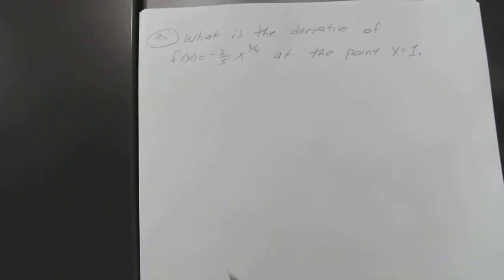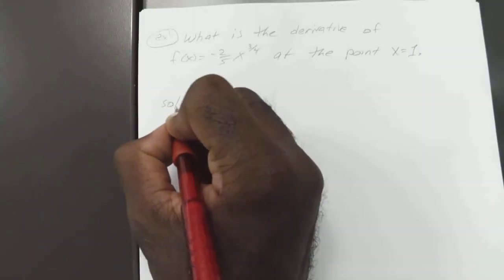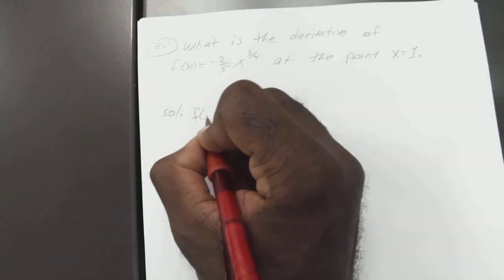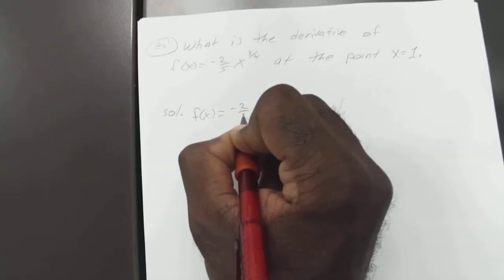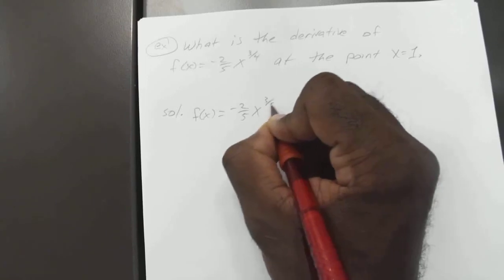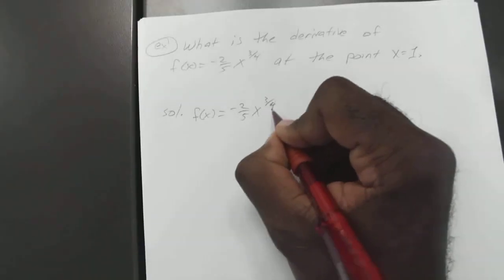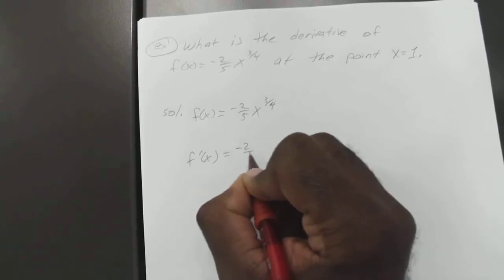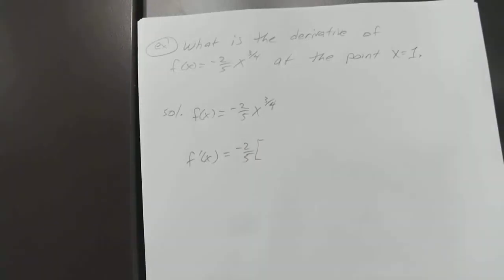All right, so let's get this one. Okay, so we know our f of x, negative 2/5 x to the 3/4. So your f prime of x, you get your negative 2/5 and just bring it right out to the front.